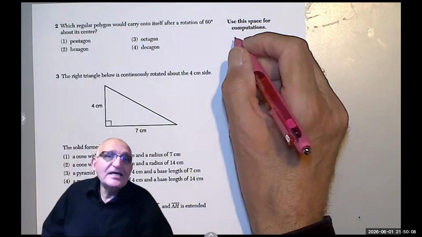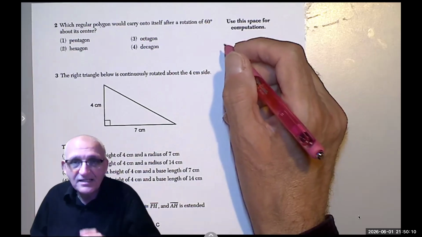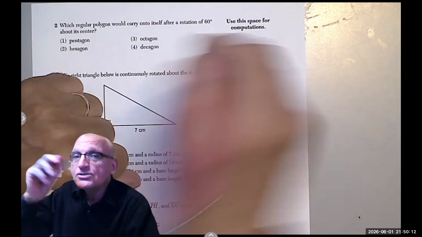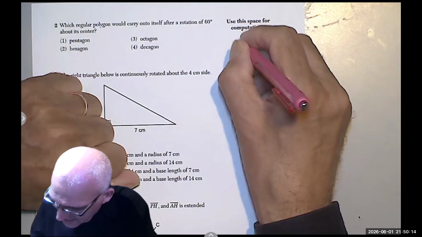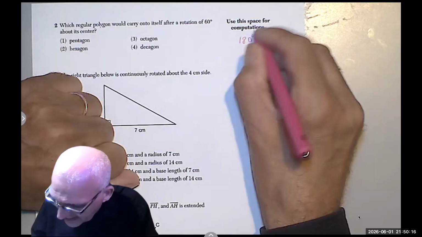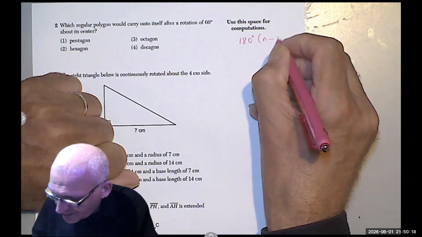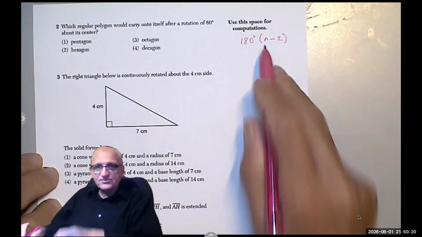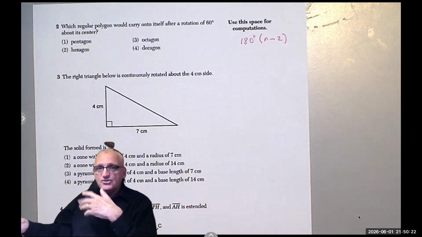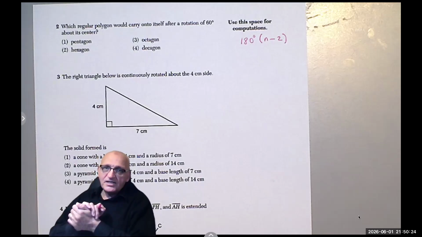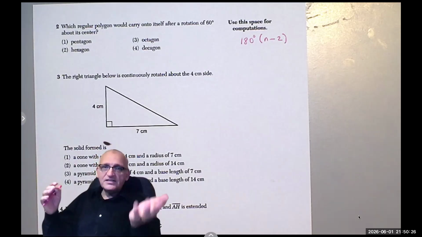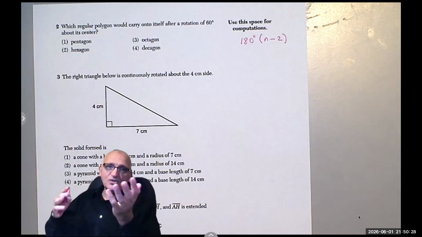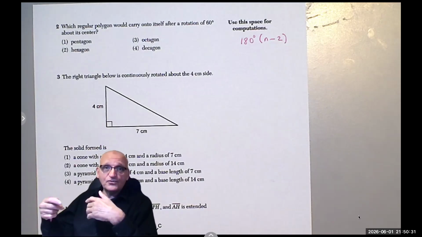We know that for any polygon of n sides and n angles, the total of the interior angles is 180 times n minus 2. So if n is 3 for a triangle, 3 minus 2 is 1, times 180 is 180. For a rectangle or a square, n is 4, minus 2 is 2, times 180 is 360, and so on and so forth.